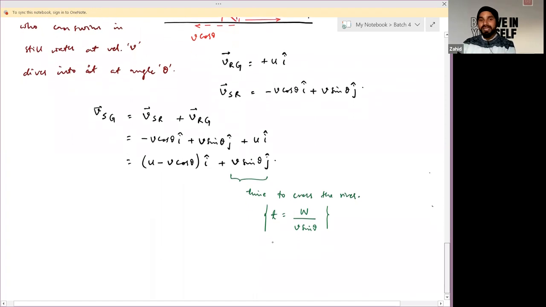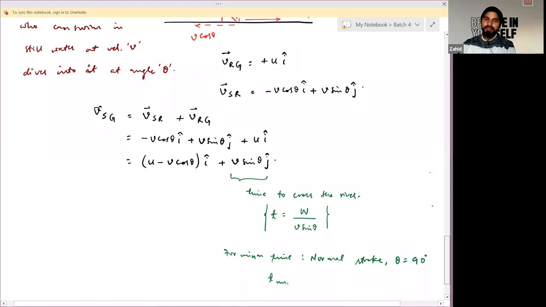Now, if you have to define minimum time or shortest time, or for normal stroke, theta will be 90 degrees and sine of 90 degrees will be maximum, that is 1.